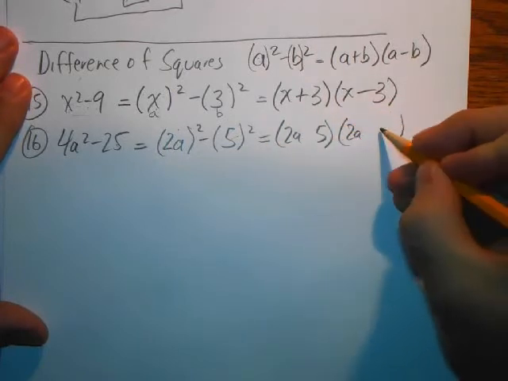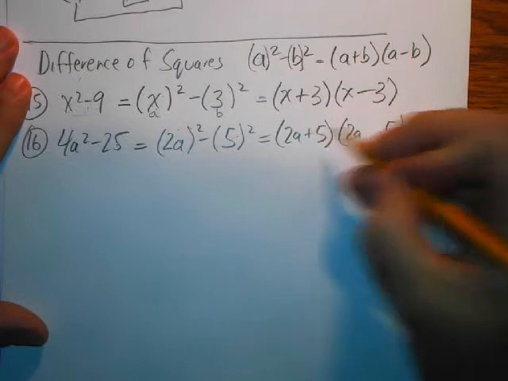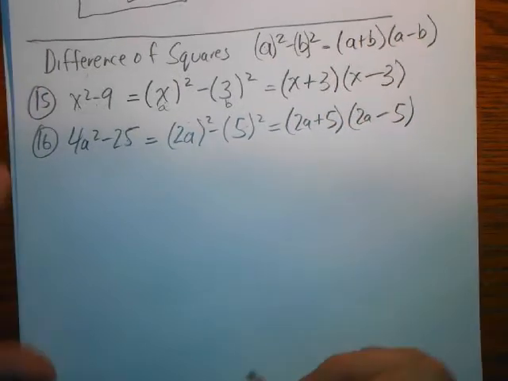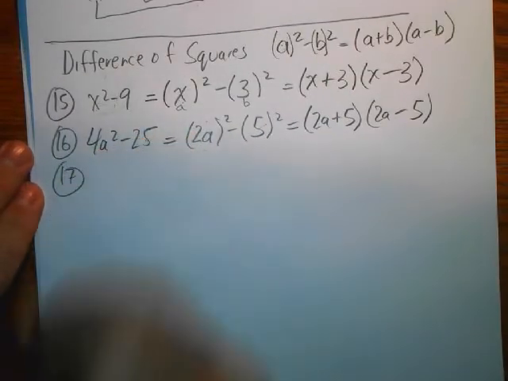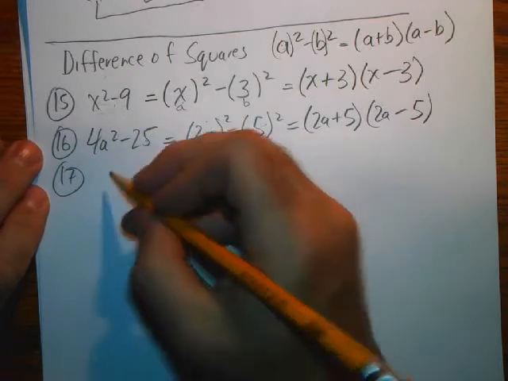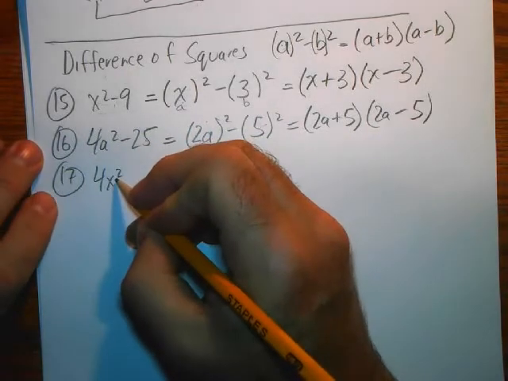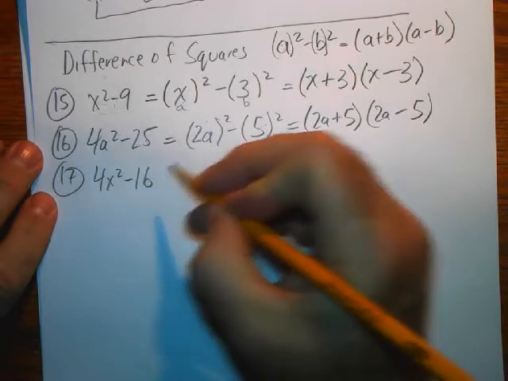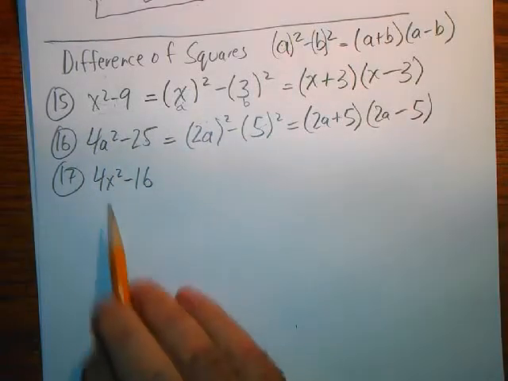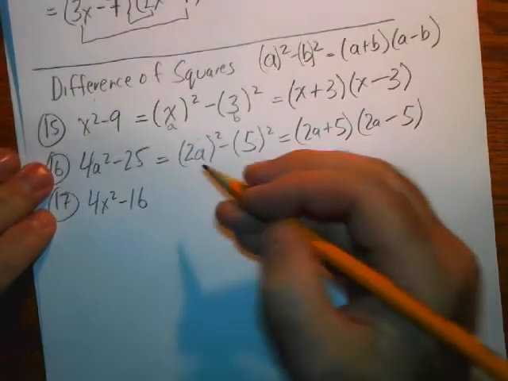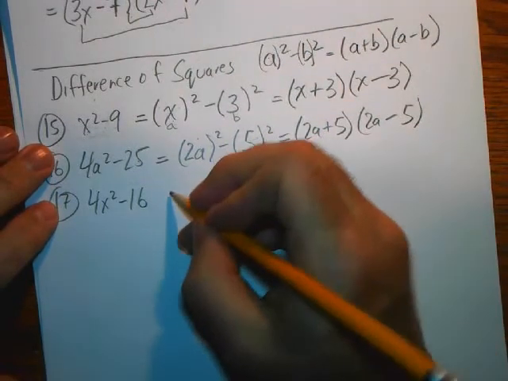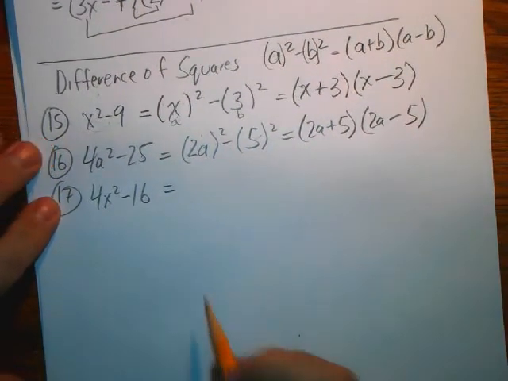Okay, number 17, 4x squared minus 16. It looks pretty similar to the last one, other than the variable there. But this is where you might fall into the trap. We couldn't do any common factoring for the first two, but we actually can for this last one.